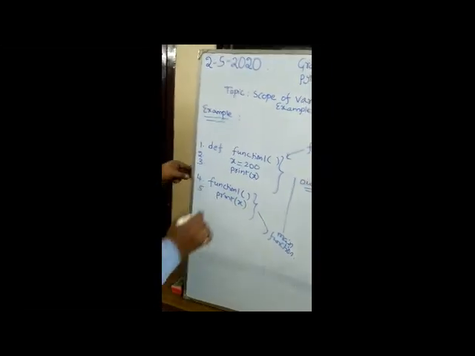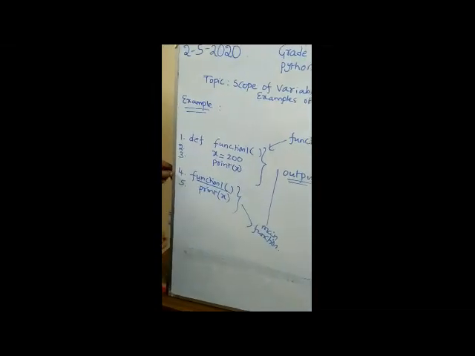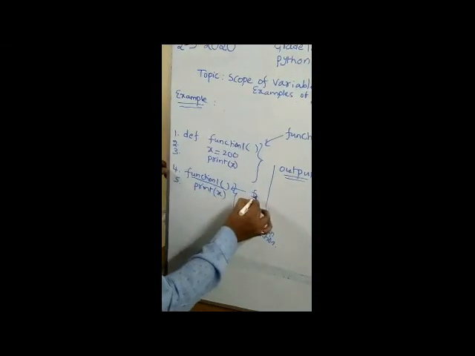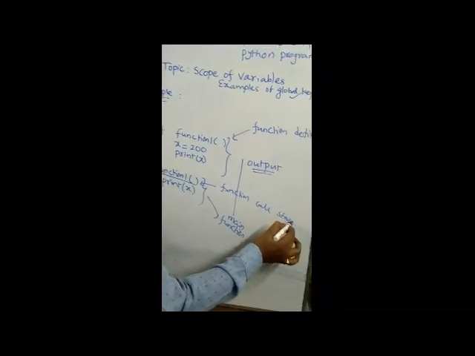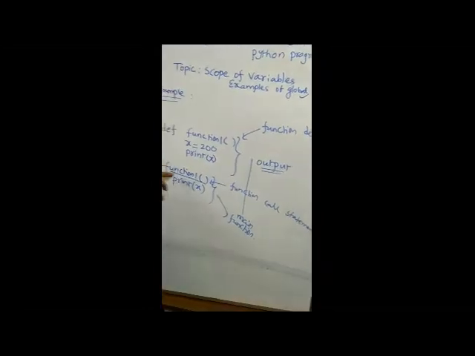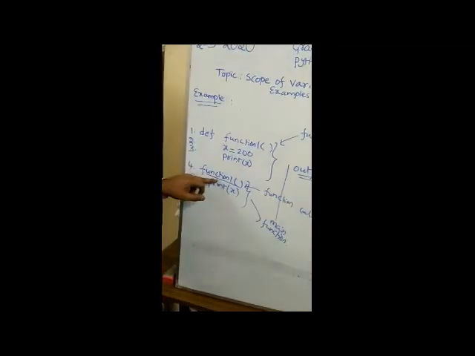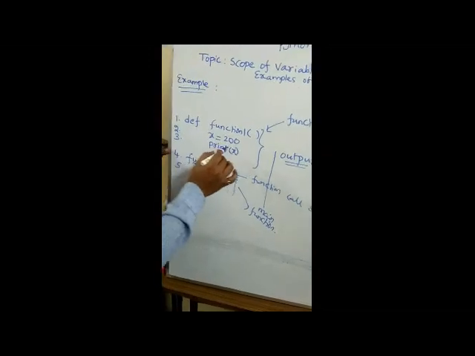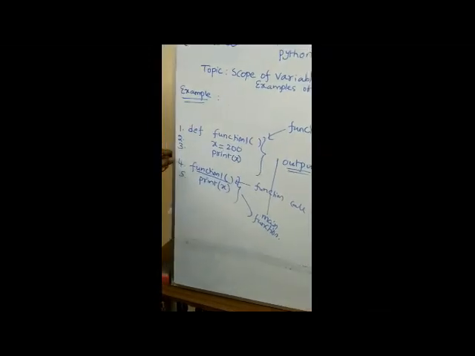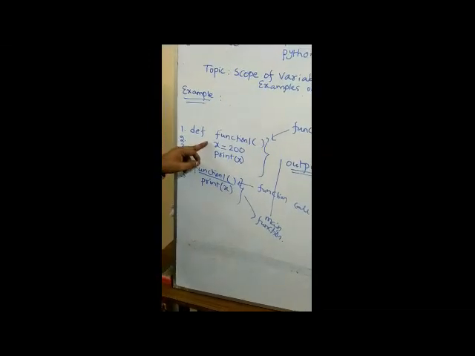See here, one function call statement. When this function is executed, here x is a local variable. Why do we call it a local variable?